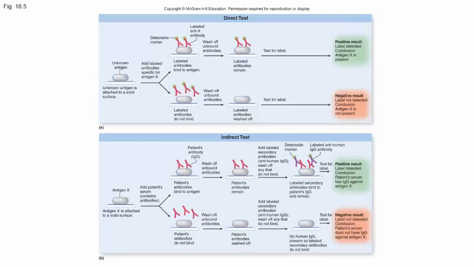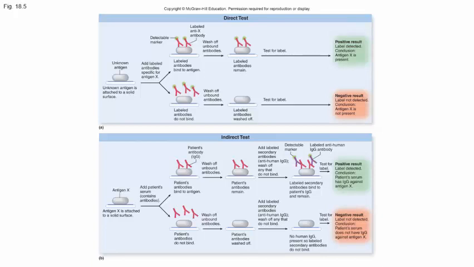The direct approach is you have labeled antibodies, you have the unknown antigen, you add the antibodies. If the antibodies and the antigen interact, basically if the antigen's there, those antibodies are going to bind. And fine. If you have excess, you can just wash it off.